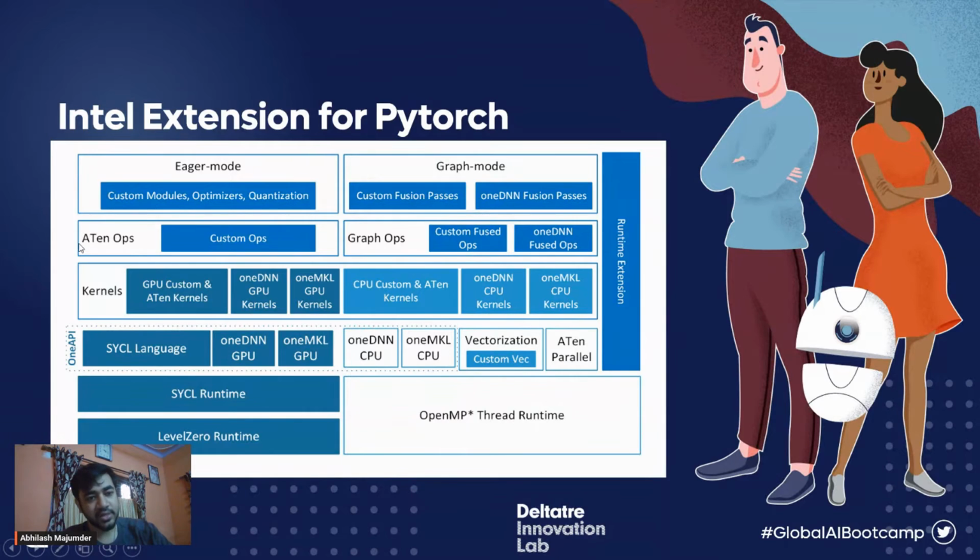The second part, ATen ops and graph ops, is where your middleware lies. If you compare it back to the image of general PyTorch which we first saw, it is the same. This is the middleware where your C++ backends are getting linked, particularly performing on Intel CPUs and Intel GPUs.